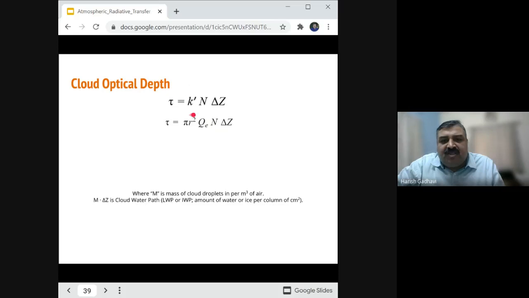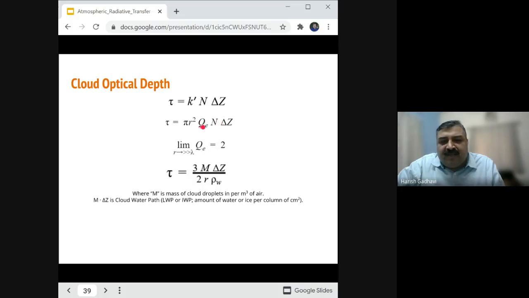Anyway, our main point is this one. Instead of K prime, we write the extinction efficiency multiplied by the size of the particle. Why do we want to do that? Because we know that Q is 2, and we have the size of the droplet and the number of droplets.